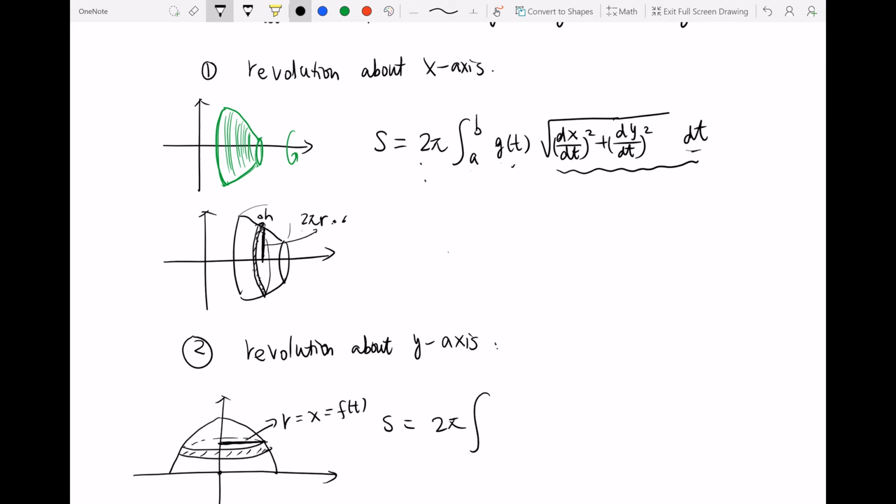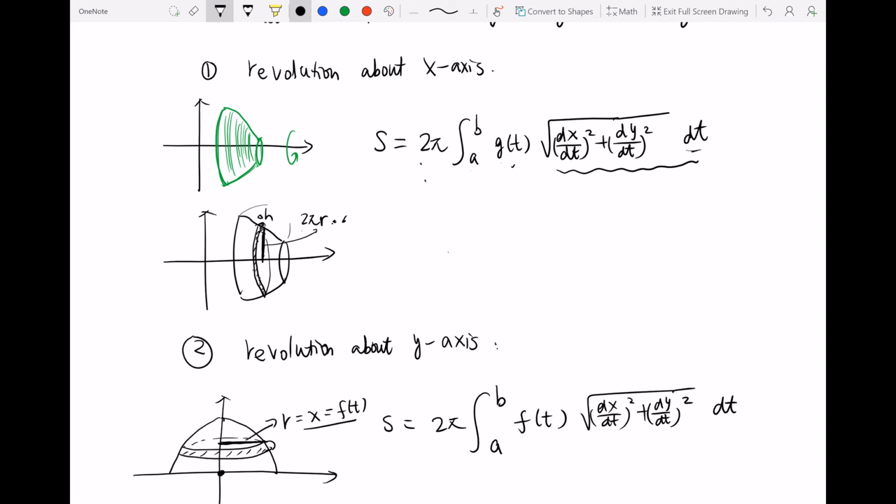Take the antiderivative from a to b, in terms of t, from a to b, and 2 pi r is x equals f(t). So it's 2 pi x times the change of the curve, the square root of (dx/dt) squared plus (dy/dt) squared, dt.